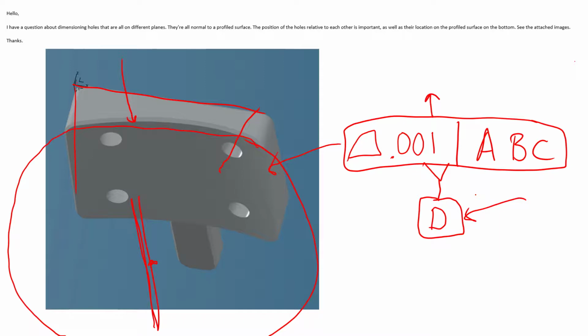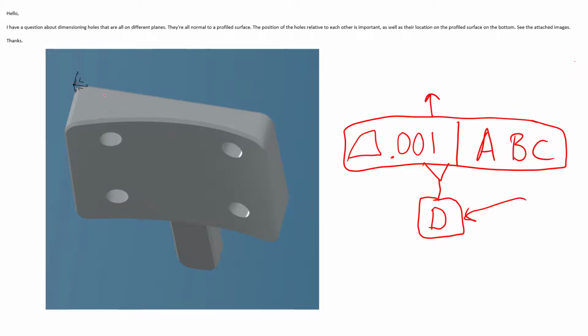Now, that's okay, because if you truly need these holes, if you think about it this way, to be normal to this surface, a way to do that would be to make it so that the axis that is created by this curve, which is way out in space, way here, what you'd want to do is make sure that all of these holes all intersect with that axis that may be way out in space.